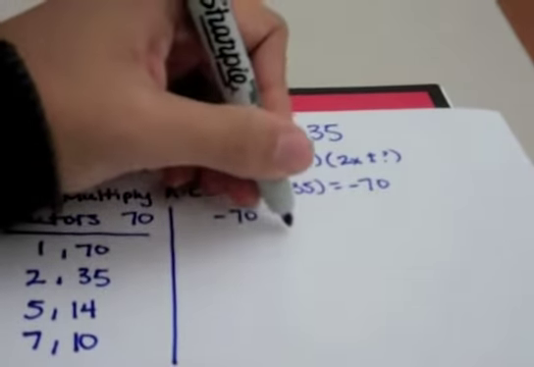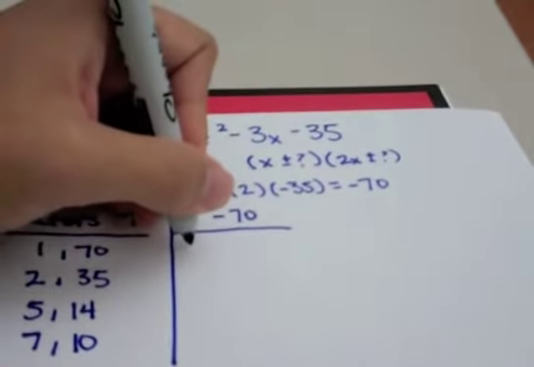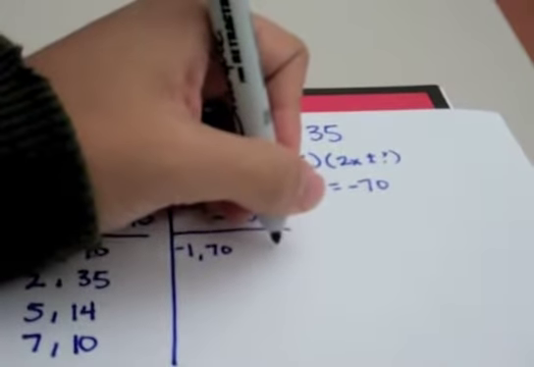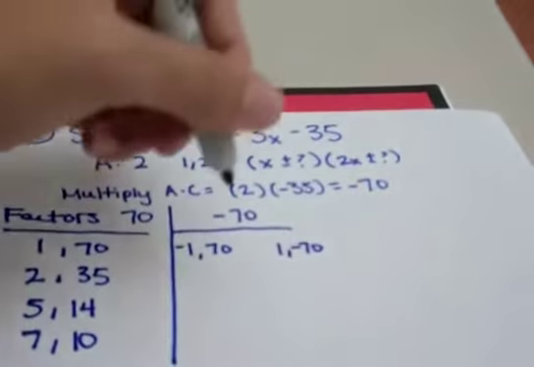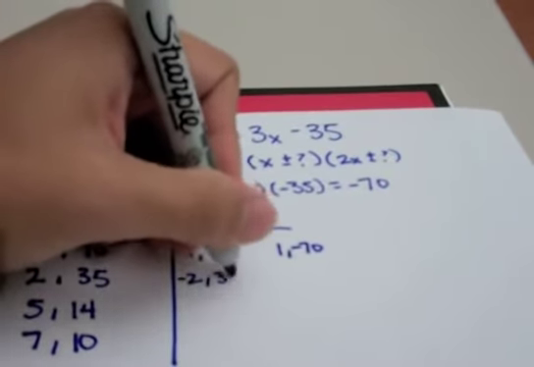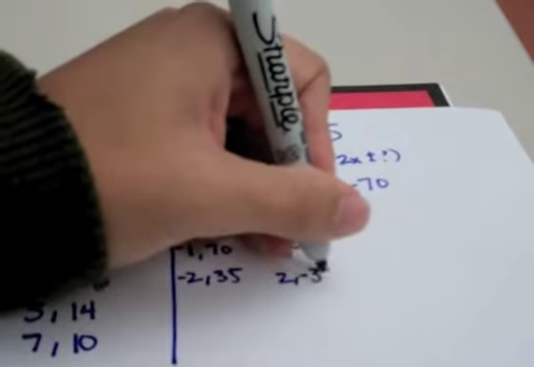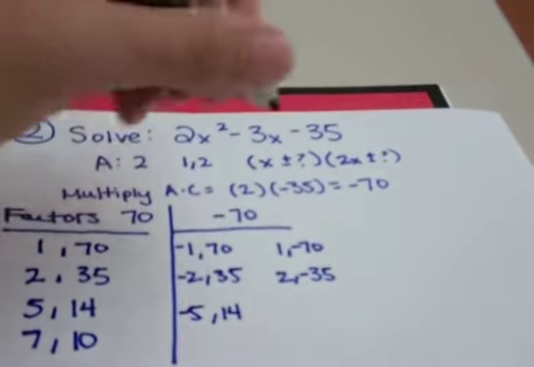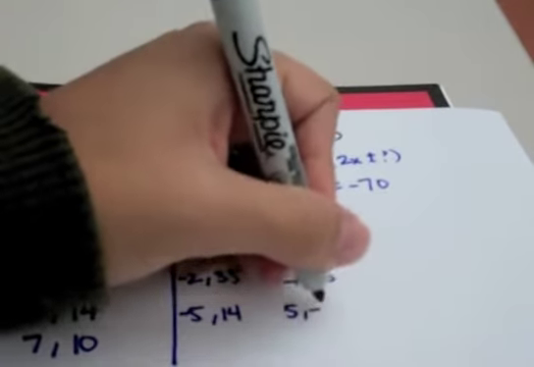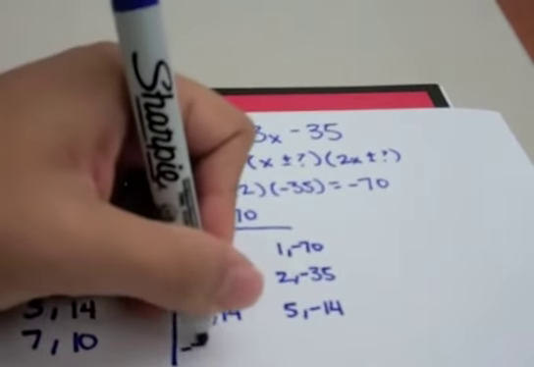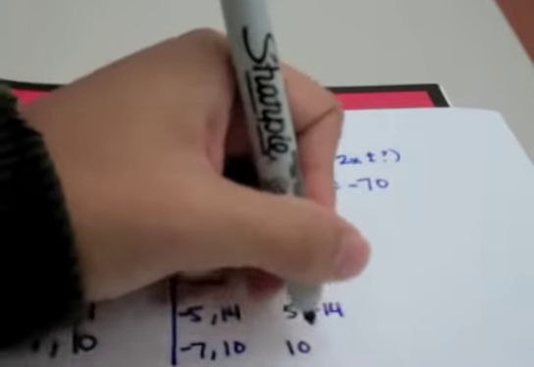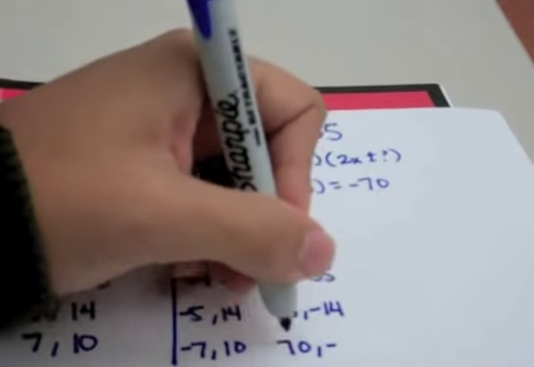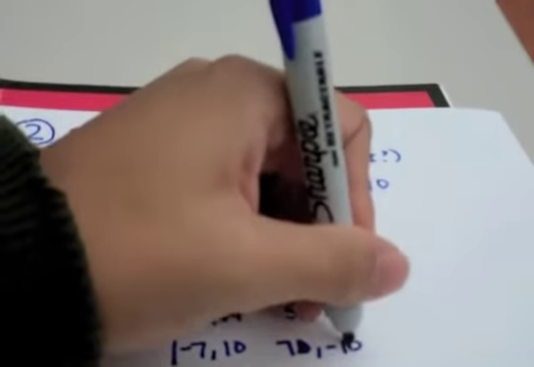So we'll need to write all of our possible combinations. Negative 1 and 70, or 1 and negative 70 multiplied to get negative 70, negative 2 times 35, or 2 times negative 35, negative 5 times 14, or 5 times negative 14, negative 7 times 10, or 10 times negative, oops, messed that up, or it'll be 7 and negative 10.